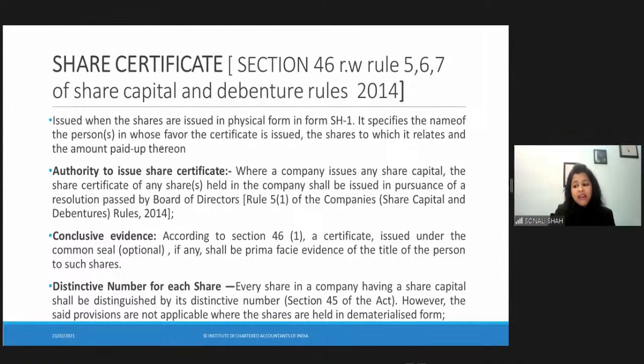Yes. Every evidence can be challenged, right? A prima facie evidence will be considered that yes, you are the rightful owner, but if the other person proves that the share certificate is mutilated or forged or stolen, then maybe his rights will be violated. But as such, the share certificate is the prima facie evidence of the ownership of shares. Is that clear?